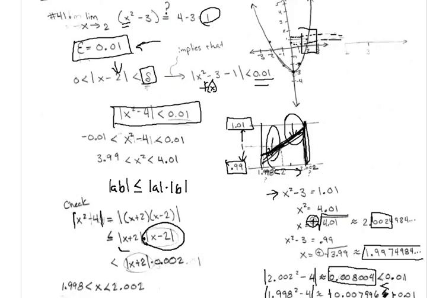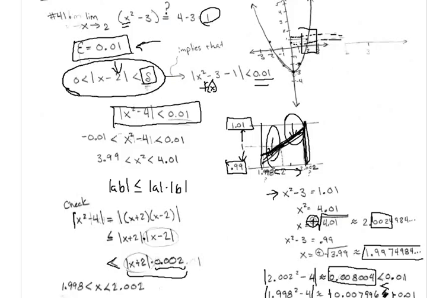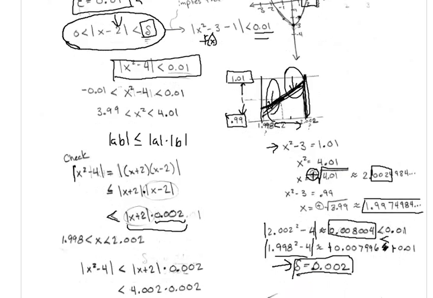So I can say that this whole thing will be less than, replacing the absolute value of x minus 2 with 0.002, what I have written here. Because I make that assumption, I have control over it. That's part of my assumptions, that the width of my box is less than that delta, and I chose that delta to be 0.002.